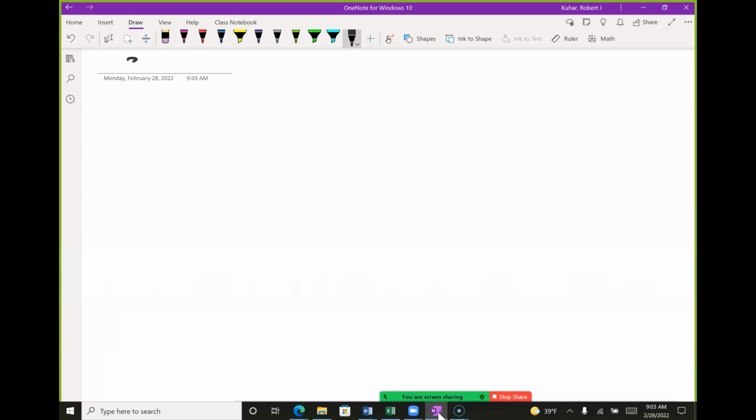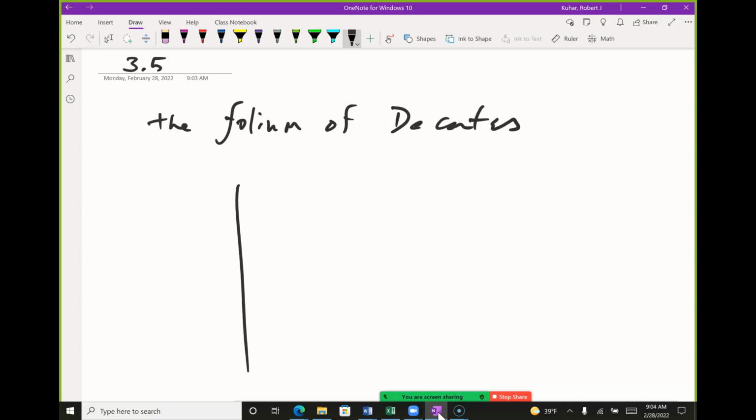Yeah, 3.5. This is the Folium of Descartes. I don't think it's Rene Descartes, because there would be no S. Was there? Is there Rene Descartes? Yes, there is, isn't there? I forget. Doesn't matter. It's a pretty cool curve.